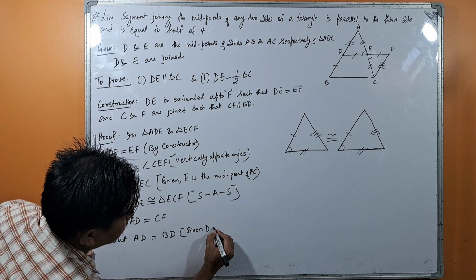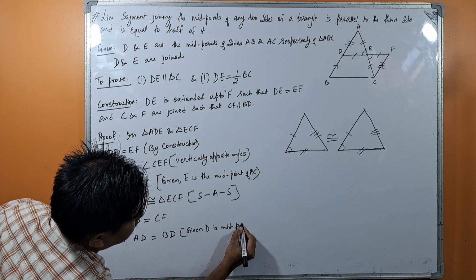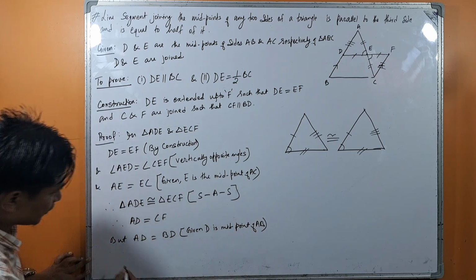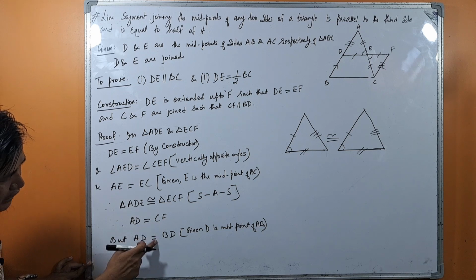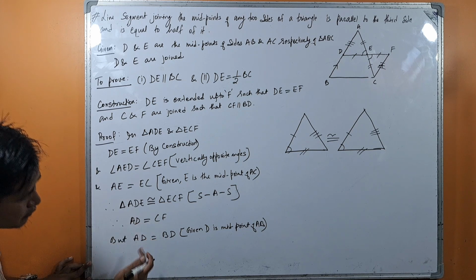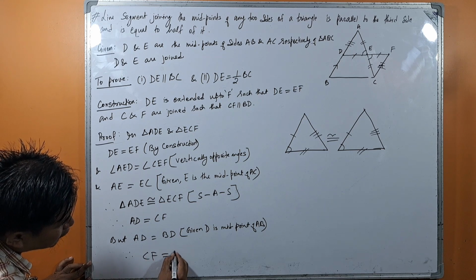D is the midpoint of AB, isn't it? Now from these two equations, AD equal to CF and AD equal to BD, AD is the same thing. This means CF equal to BD, isn't it? Therefore we can say CF equal to BD.